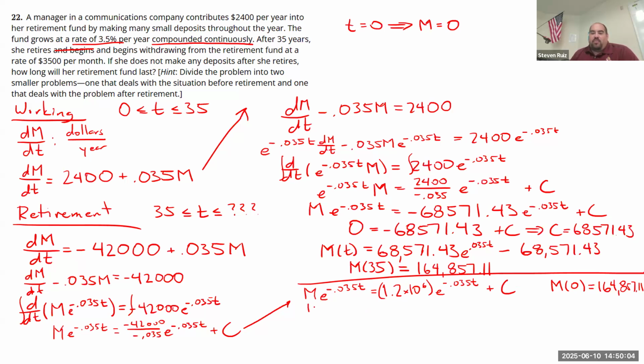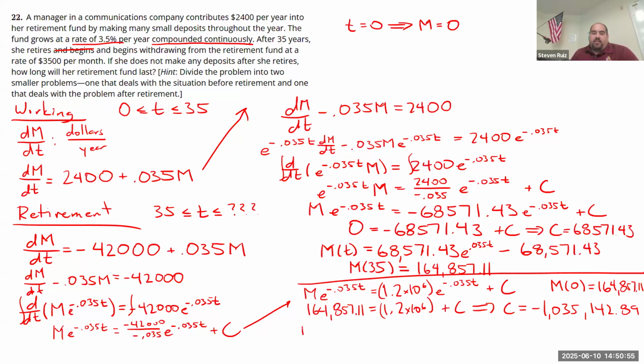So on the left-hand side, I'll have 164,857.11 equals 1.2 times 10 to the 6th times e to the 0, which is 1, plus c, which gives me that c equals 164,857.11 minus 1.2 million, so c is equal to negative 1,035,142.89.